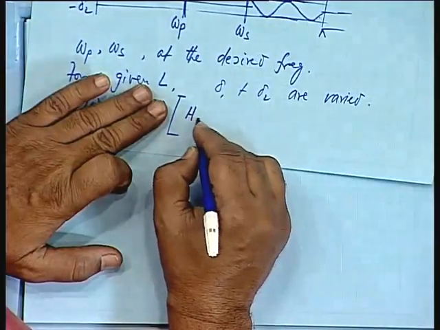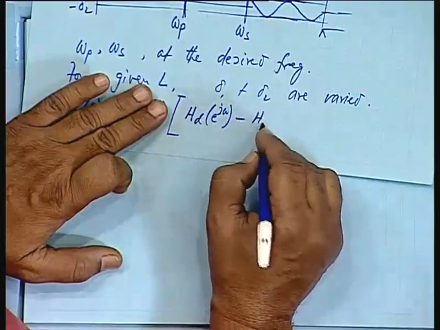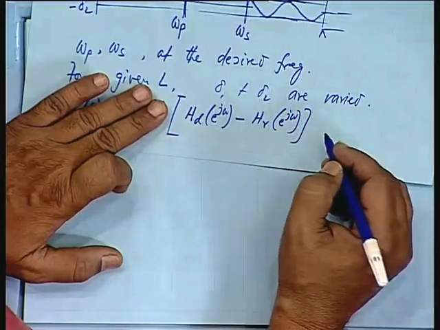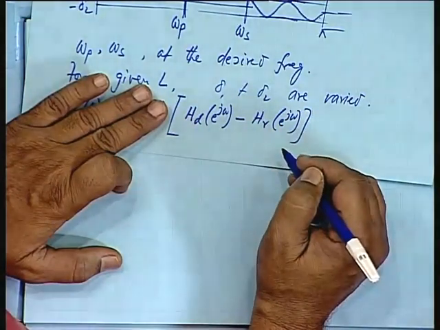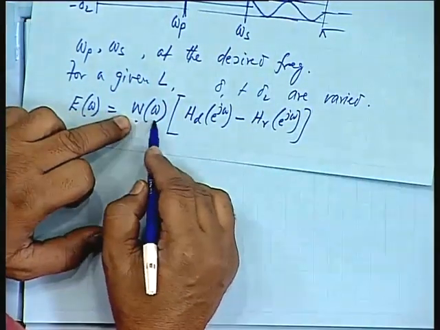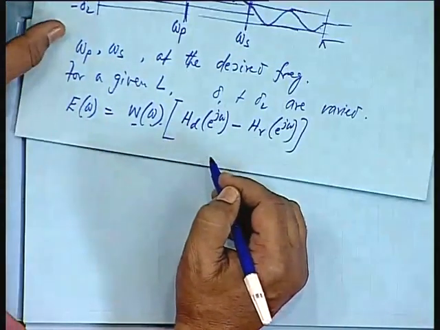Earlier we are taking the desired response minus the realized response, square sum of this is the error we are minimizing. Now, we are defining an error in terms of a weighting function, that means it is dependent on the frequency.